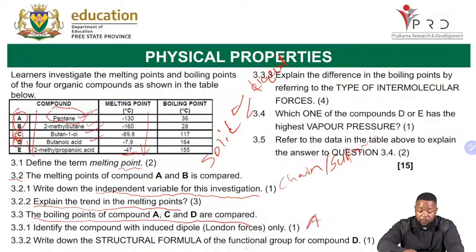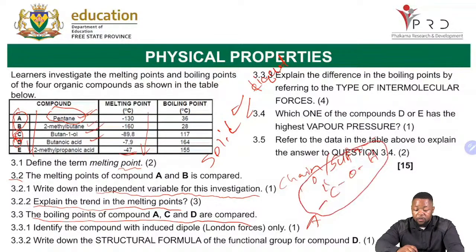Write down the structural formula of the functional group of compound D. Compound D is a carboxylic acid. So the structural formula of the functional group should be indicated here, which is the hydroxyl group.